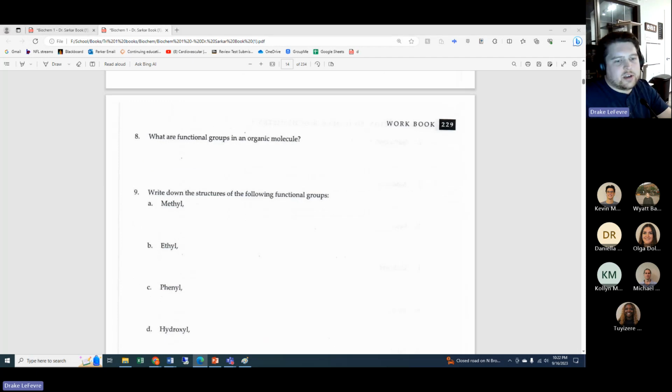On to some of the more organic chemistry. Functional groups. I know everybody loves functional groups, right? Everybody loves them.